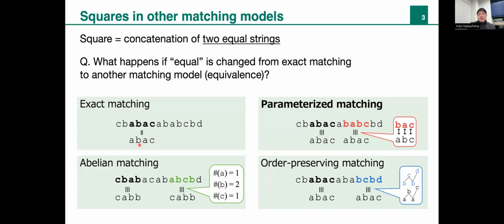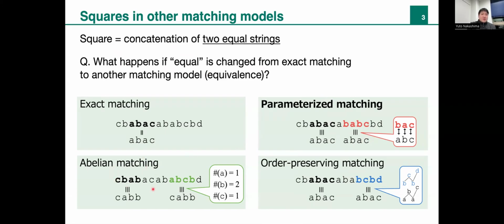Several such models exist, such as parameterized matching, Abelian matching, order-preserving matching, and so on. In this talk we focus on parameterized matching. I will give the definition of parameterized matching later.